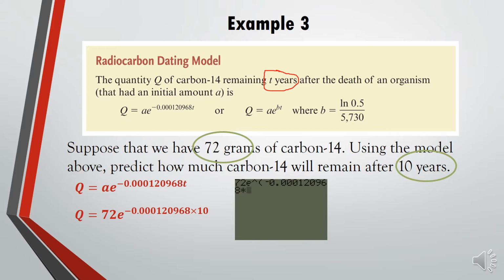And then close your parentheses if your calculator opened them up for you. So we can see that we are predicting that there will be 71.91 grams of carbon-14 remaining after 10 years if we started with 72 grams.